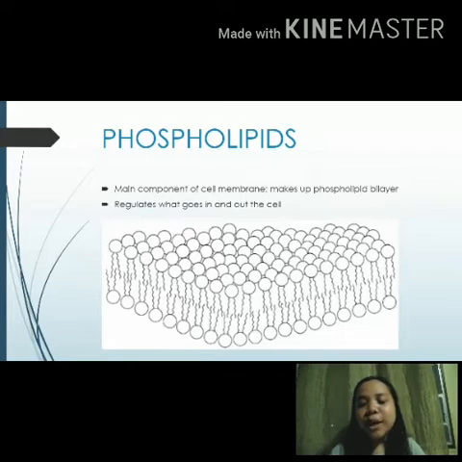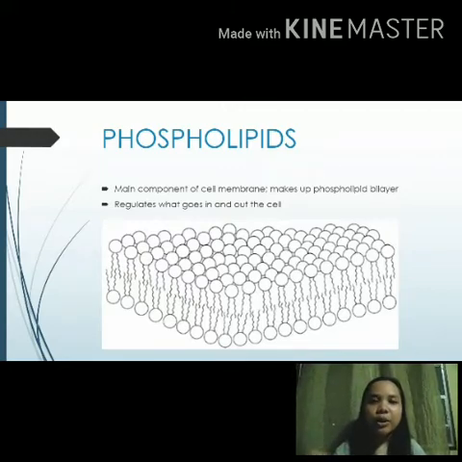So, phospholipids make up the phospholipid bilayer, which is the main component of the cell membrane. So, remember that a phospholipid has a polar head and a nonpolar tail. The tail is nonpolar because it is composed of two fatty acid chains.